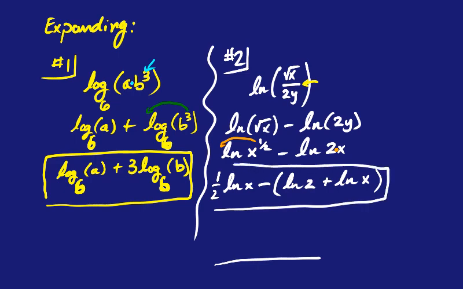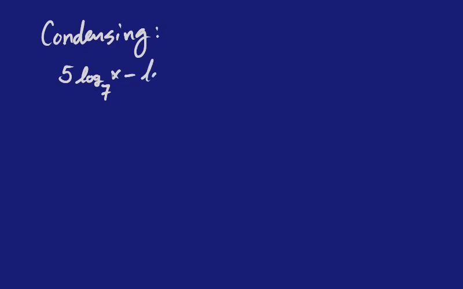All right, let's take a look at one condensing problem, and then we should be good. So condensing, as I said on that first part, is going backwards. So an example of condensing is 5 log base 7 of x minus log base 7 of y.